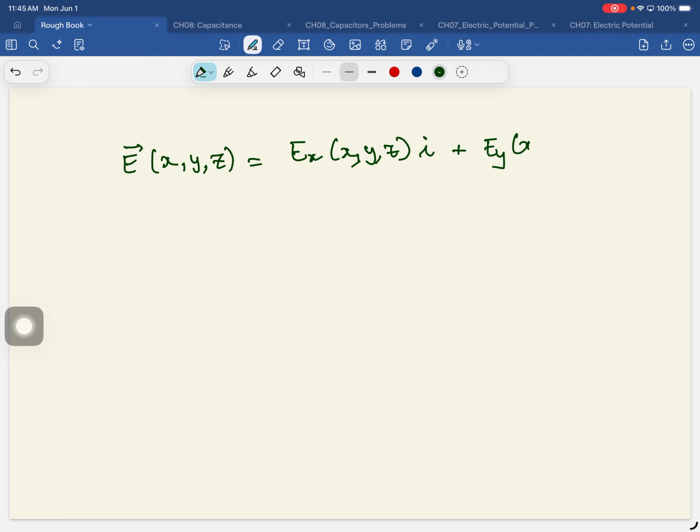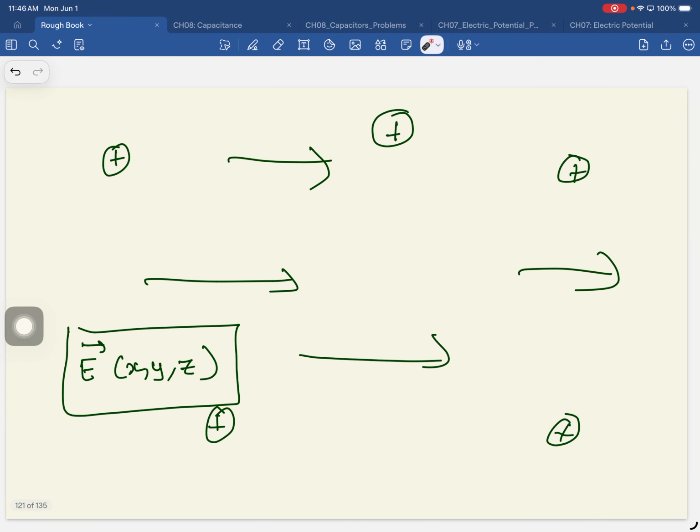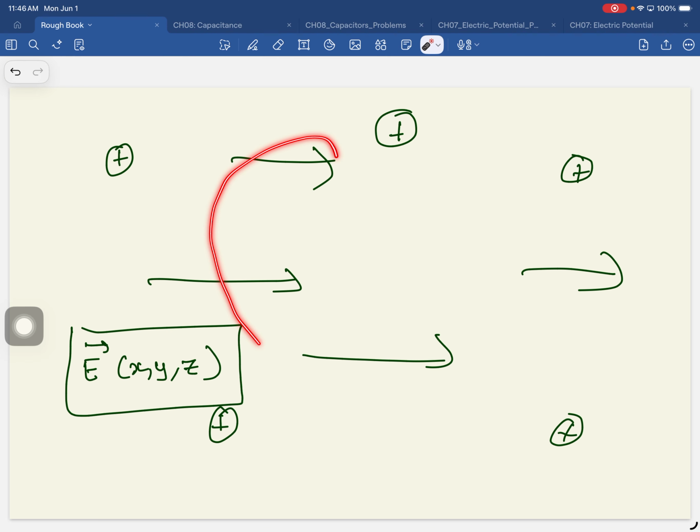So that's a conservative force. And so the corollary is that the work done on a closed path is zero.